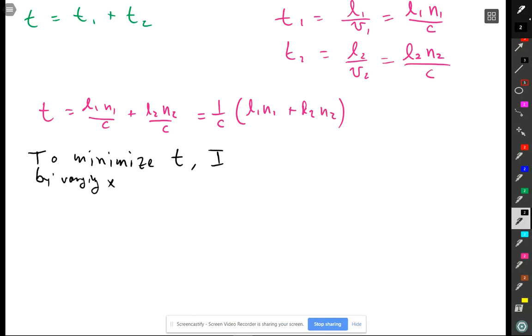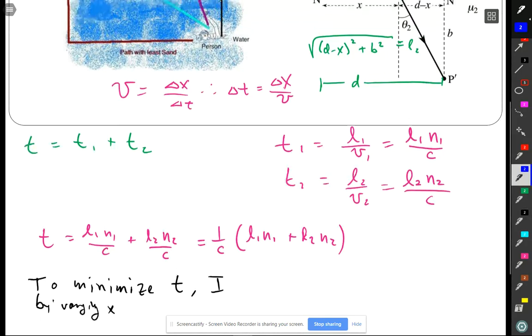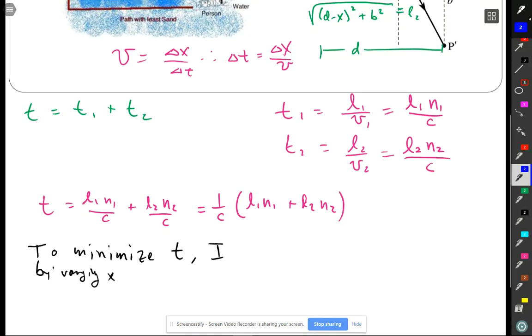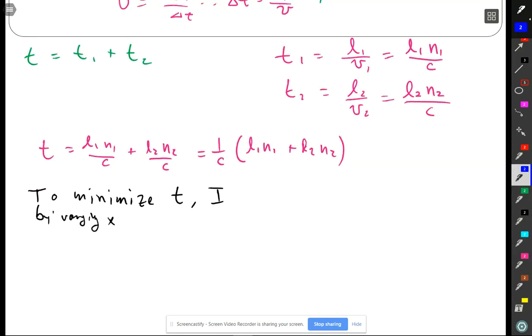The ends are fixed. The only thing that's a variable is x in my equation, right? Since L1 and L2 are functions of x, everything else is fixed. But in general calculus terms, how do I find the minimum value for t? Minimize any function in calculus. What do you do? You take the exact derivative.